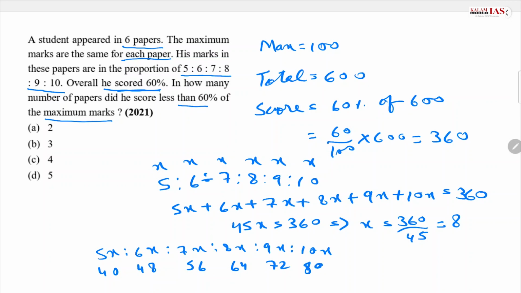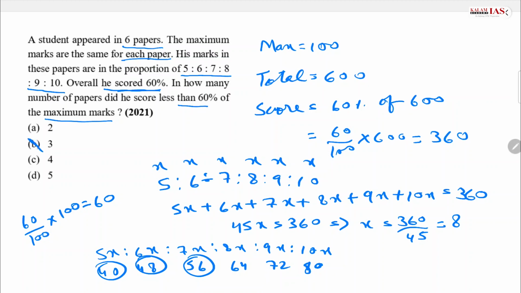So 60% of the maximum marks is 60 marks. So in one subject, two subjects, three subjects, the person has scored less than 60 marks. So the answer will be 3.